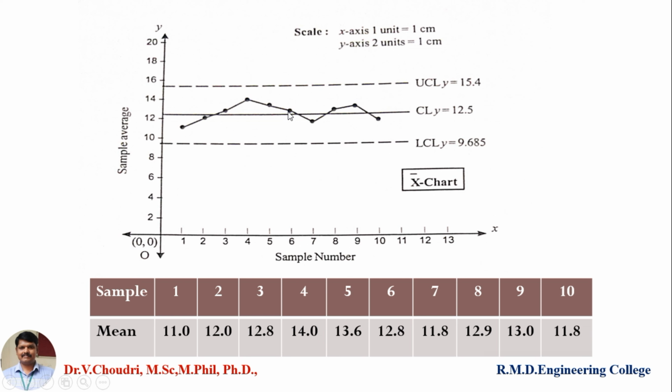Already we have indicated that. And sample 7, 11.8, between 11 and 12. And sample 8, 12.8, just mention it above. Now sample 9, 13, between 12 and 14, so sample 9 value 13 here.